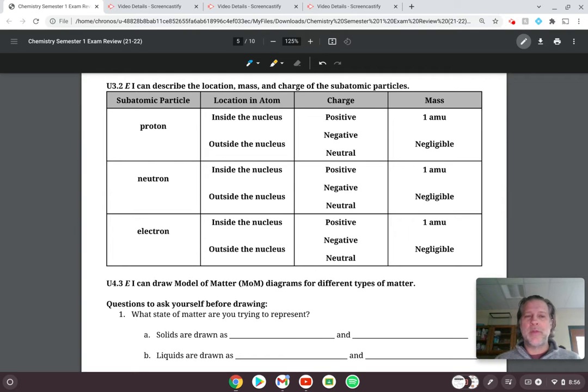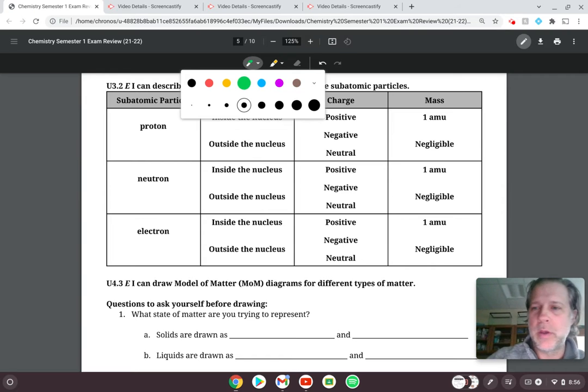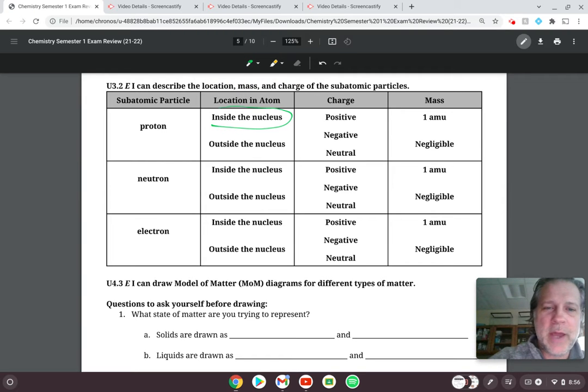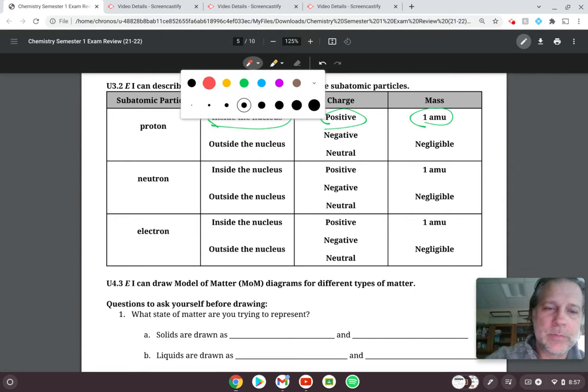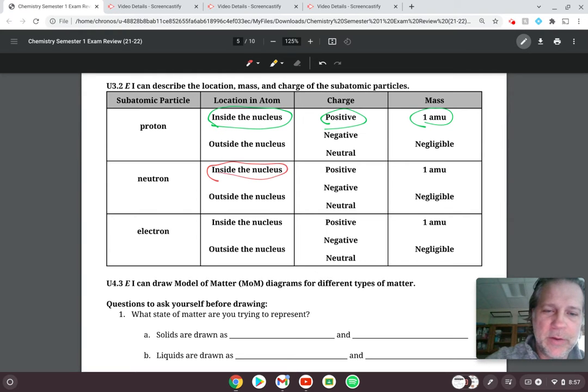First of all, we know that the proton is located inside the nucleus of the atom. It has a positive charge, and its mass is roughly equal to 1 atomic mass unit, or 1 unit. The neutron is also located inside the nucleus.